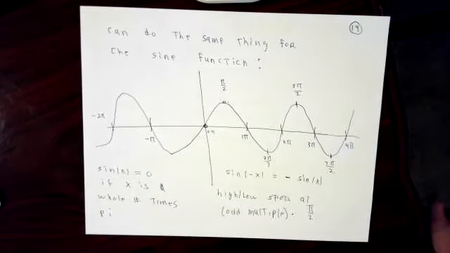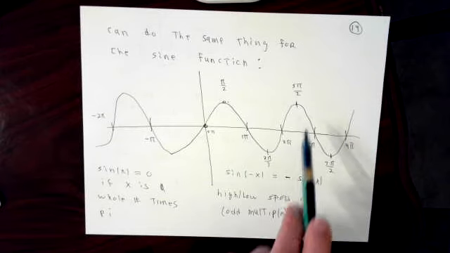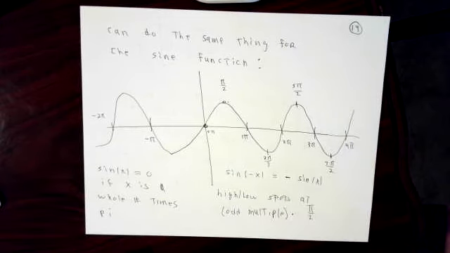You have high or low spots at odd whole number multiples of pi over 2, like 1 times pi over 2, 3 times pi over 2, 5 times pi over 2, and so on.